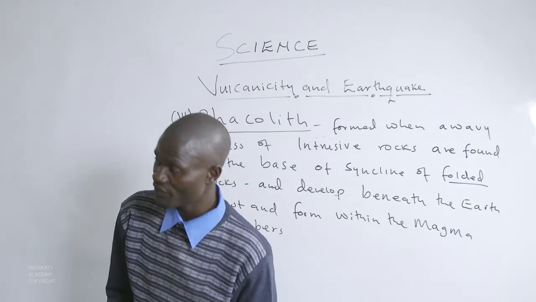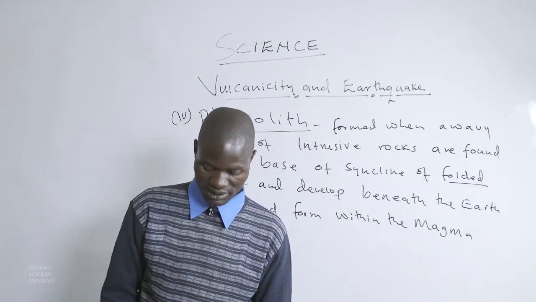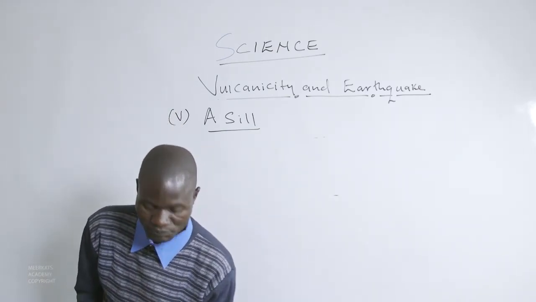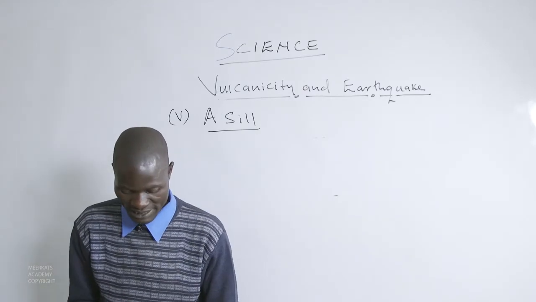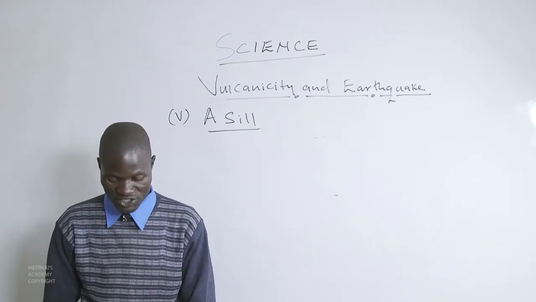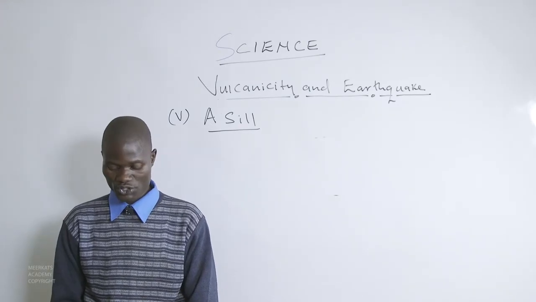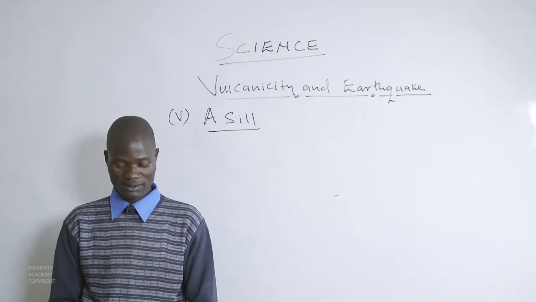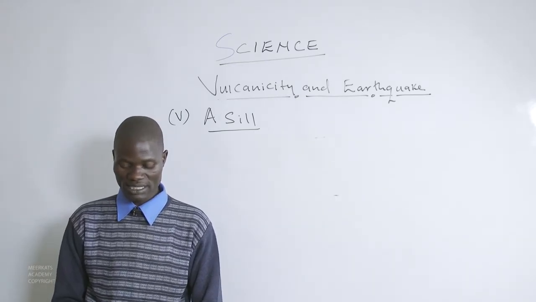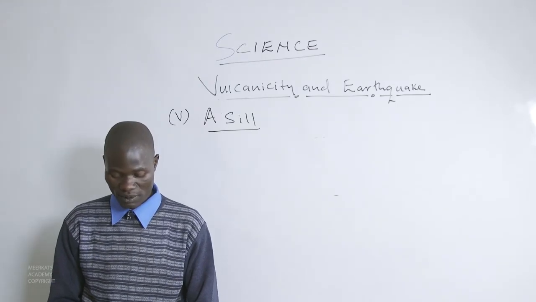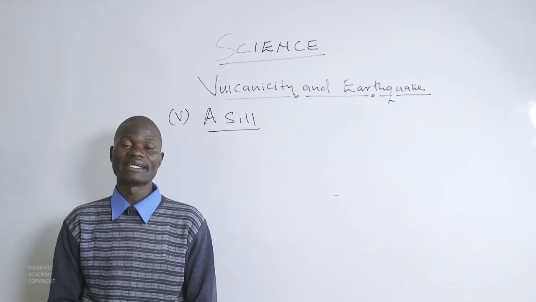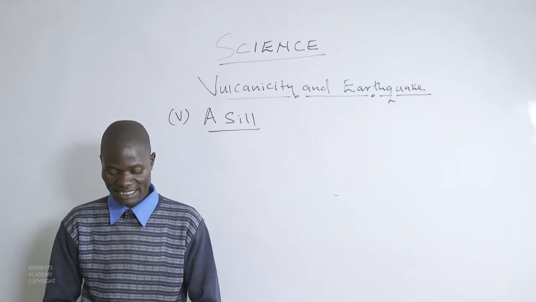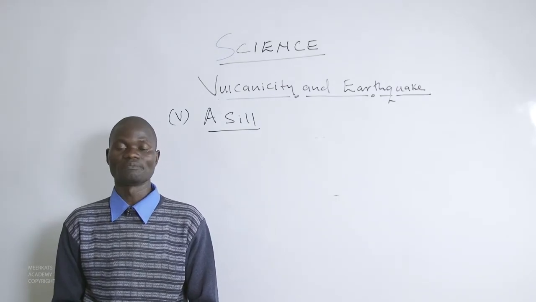Let's move to number 5 feature, and that one is a sill. We have a feature that is known as a sill, or sills when they are many. This one is a solidified horizontal layer of magma, especially inside. It is found inside the earth, and it is formed when the lava cools and solidifies in the horizontal plane within the thickness of the material.